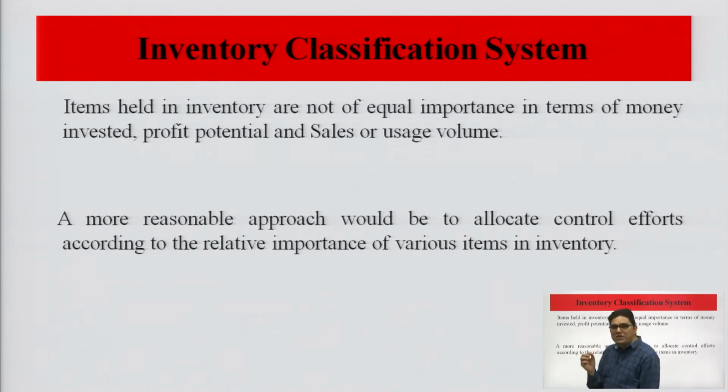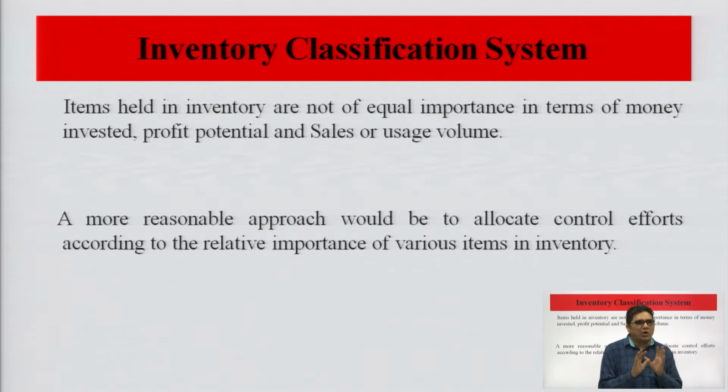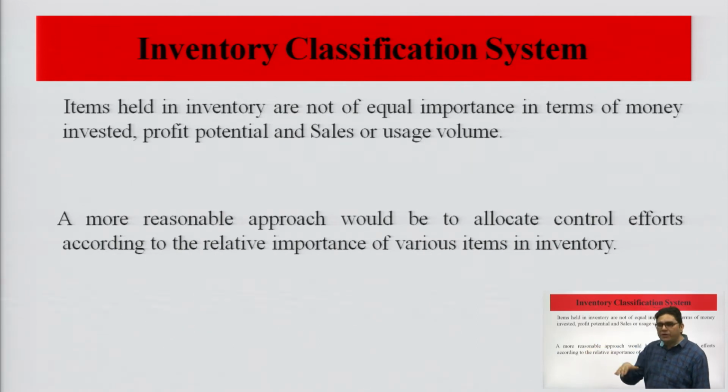Those items where the company has made a lot of investment, or those equipment or products which are very costly, we can keep into category 1 or classification 1. Those products which have a moderate level of profitability or least potential for profitability, we can keep into category C, or if they have higher potential for profitability or can contribute maximum to the overall sales of the organization, we can keep them in category A.